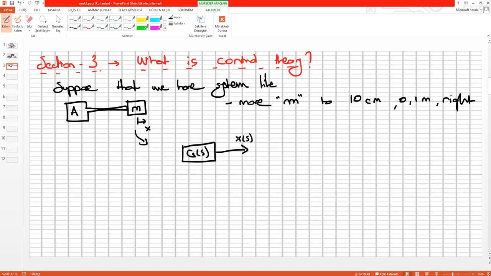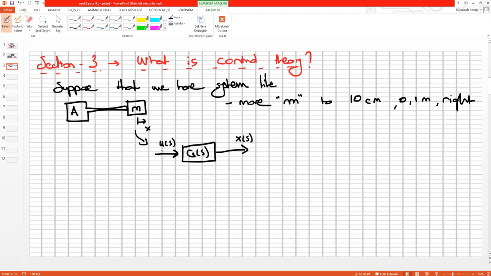But we also need to provide some information, or inputs, to move X(s) to 0.1 meter, right? And so this is the U(s).